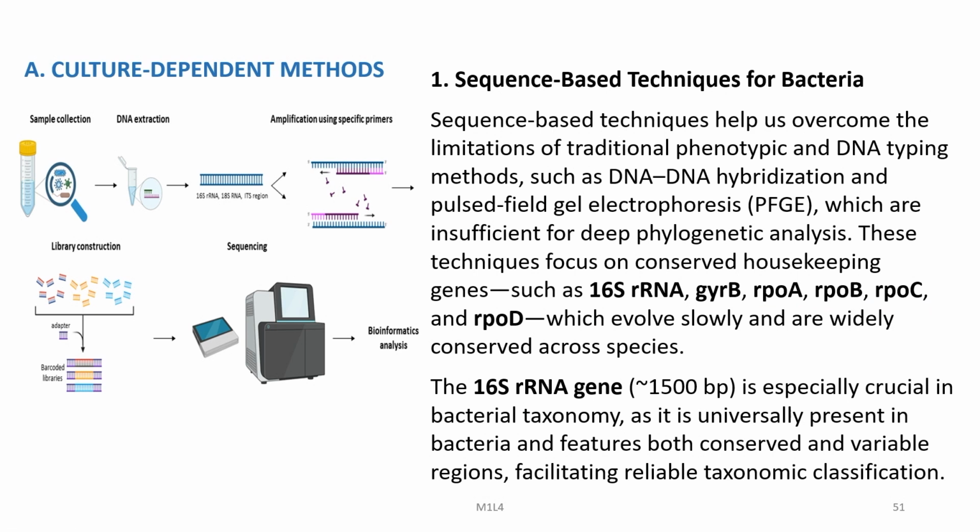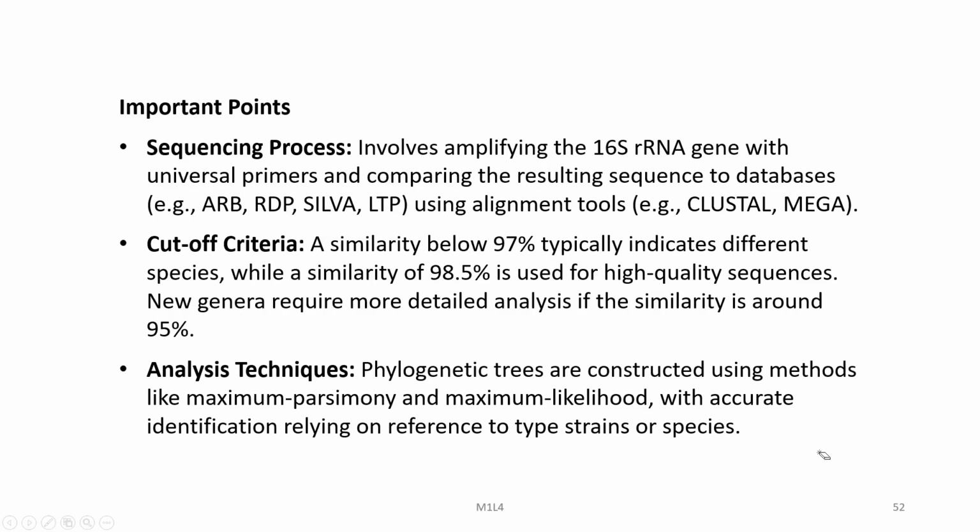The 16S rRNA gene, roughly 1500 base pairs, is especially crucial in bacterial taxonomy, as it is universally present in bacteria and features both conserved and variable regions, facilitating reliable taxonomic classification.